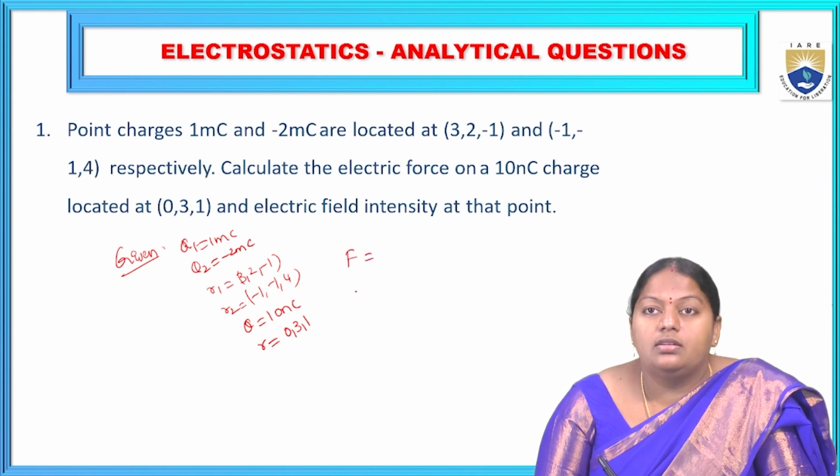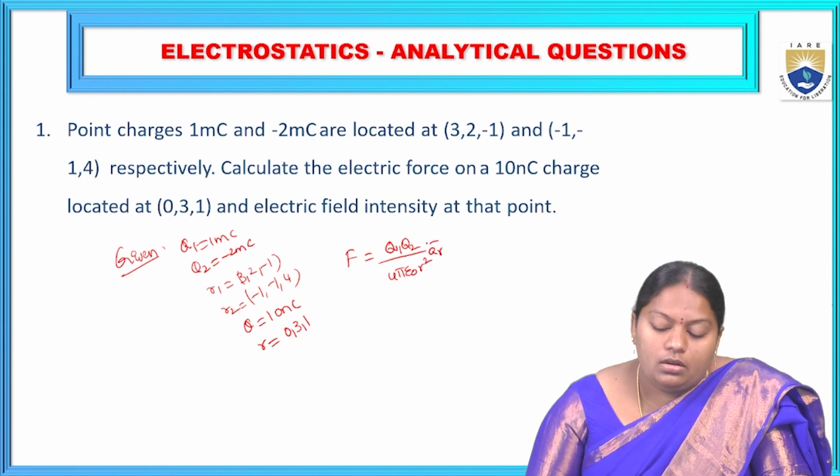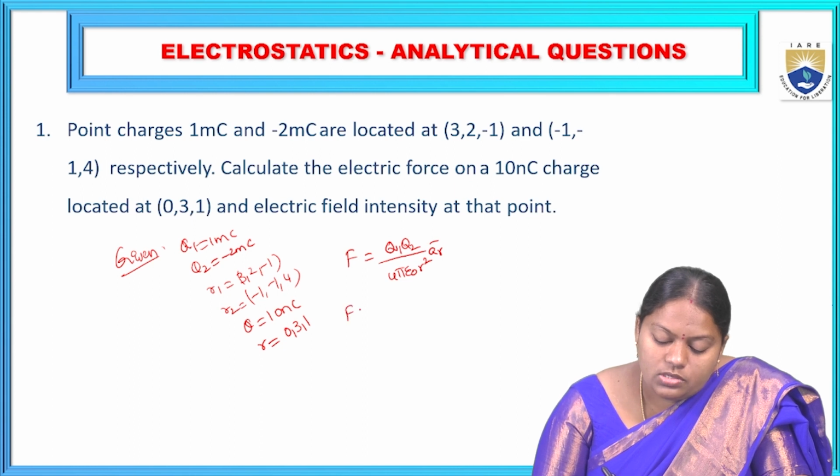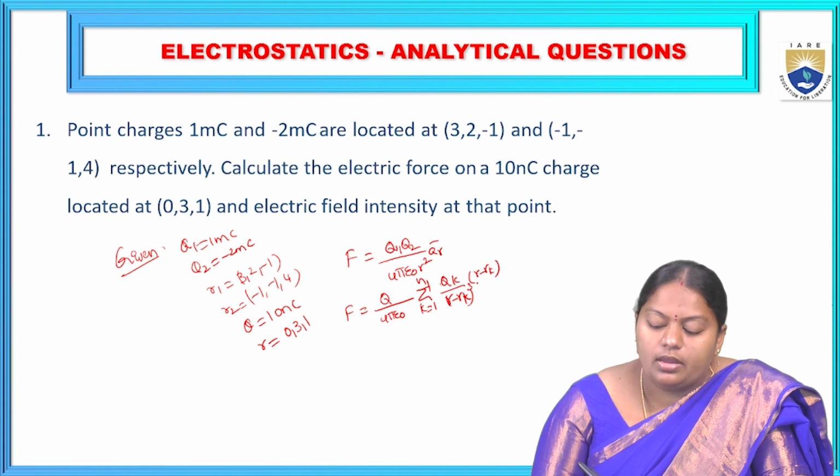The formula is F is equal to Q1 Q2 by 4 pi epsilon naught R square into aR, or in general this force F, for the N point charges case, is given by Q by 4 pi epsilon naught into the summation of k equal to 1 to N of Qk by modulus of R minus Rk whole cube into (R minus Rk).